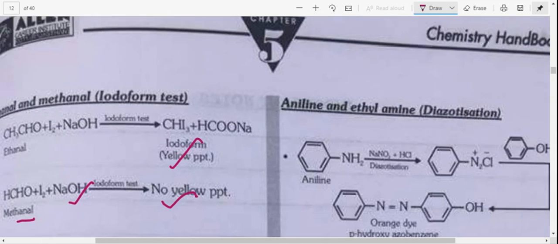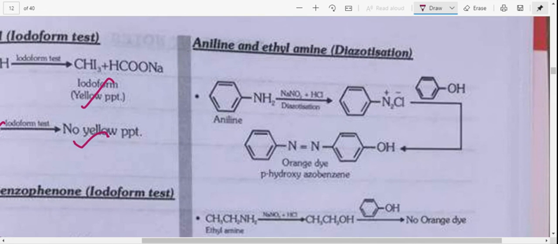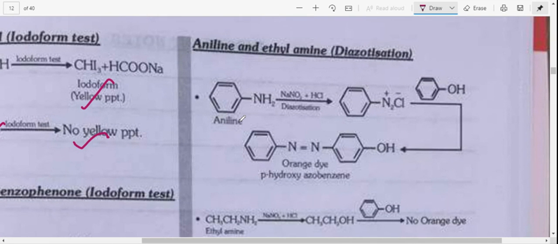Next, aniline and ethylamine. Aniline, C6H5NH2, on diazotization with NaNO2 plus HCl gives C6H5N2Cl. When treated with phenol, it gives an orange dye, para hydroxyazobenzene. So this is diazotization.